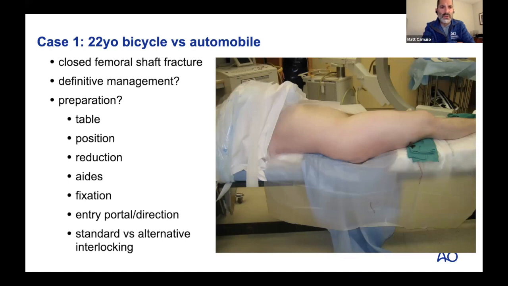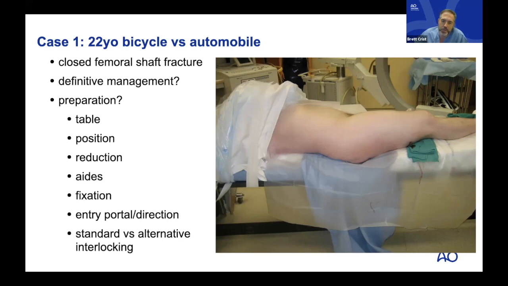So maybe Brett, you, I think, do it this way as well. What are some other advantages to doing a free-legged nailing on an OSI table, do you find, over doing it on a fracture table? I think you're able to move the distal segment in all directions. One of the limiting factors, and there are definitely advantages to a fracture table, is that you can only move the leg in as much as the table allows you.